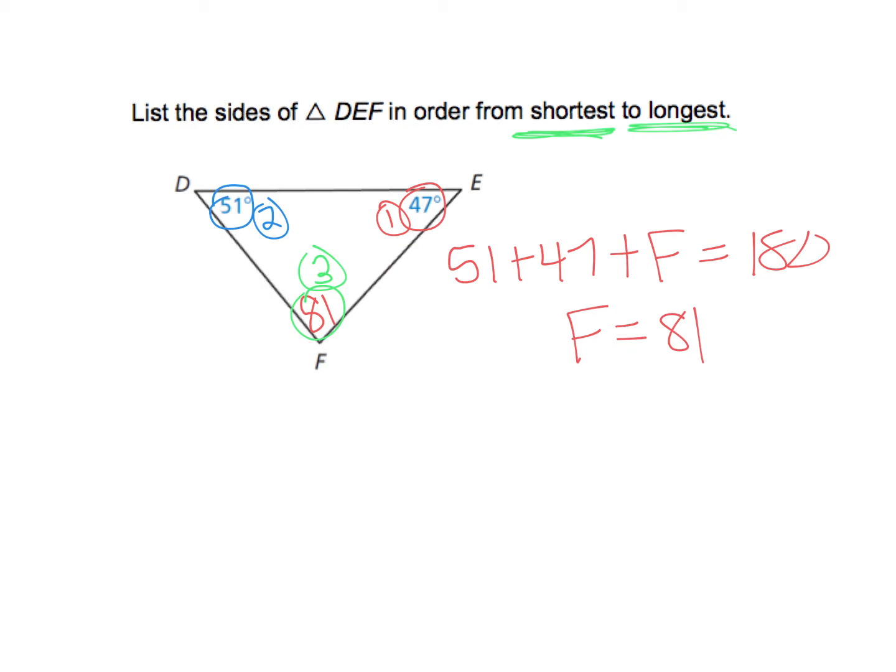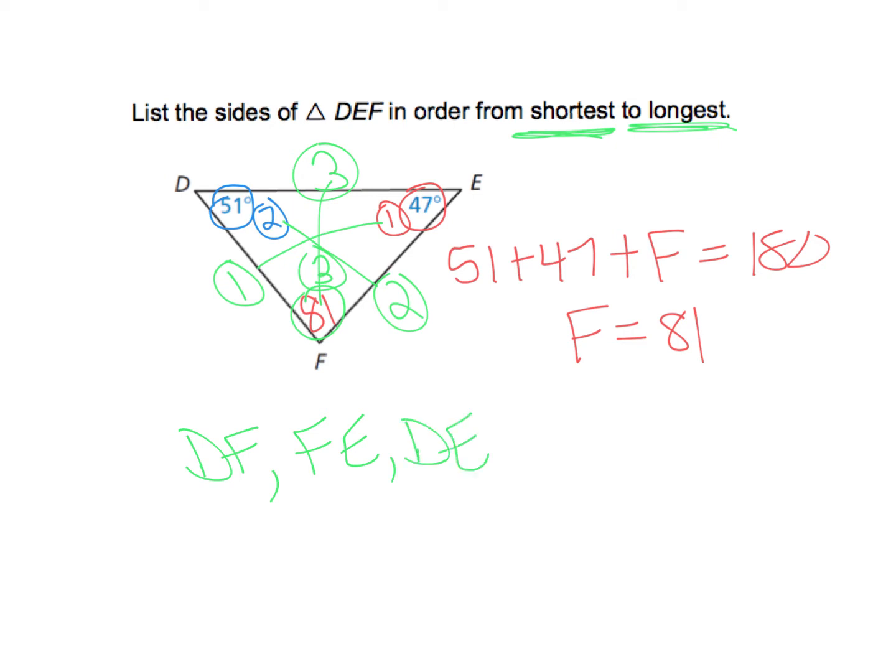Then we're just going to order them smallest to biggest. Here's going to be number 1, here's number 2, and here's number 3. So our shortest side, number 1, is DF, number 2 is FE, and number 3 is DE. So we just figured out angles smallest to biggest, and then those opposite sides smallest to biggest.